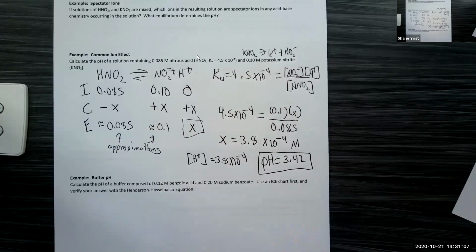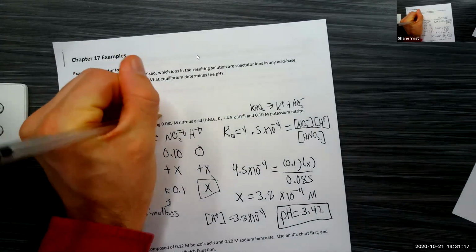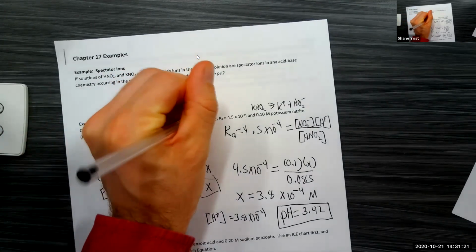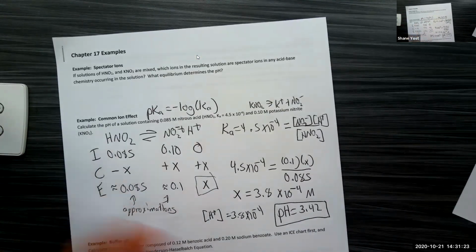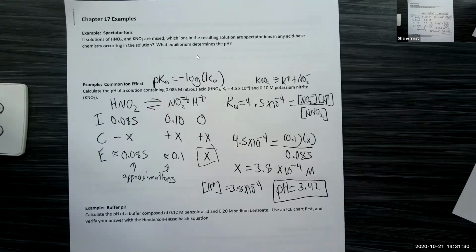Another question. It might be unrelated, but what is pKa again? So pKa is just the negative log of Ka. And we'll talk about the Henderson-Hasselbalch equation, which uses the pKa, in the next example when we get to it.